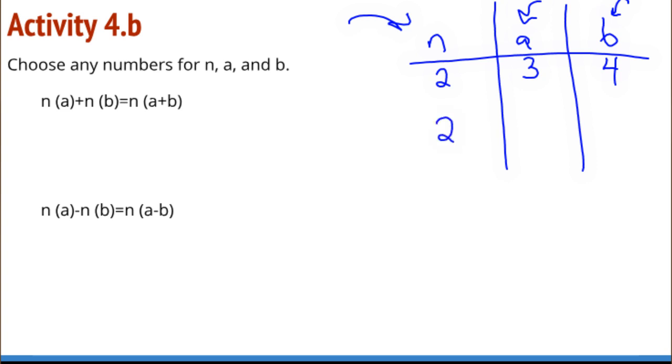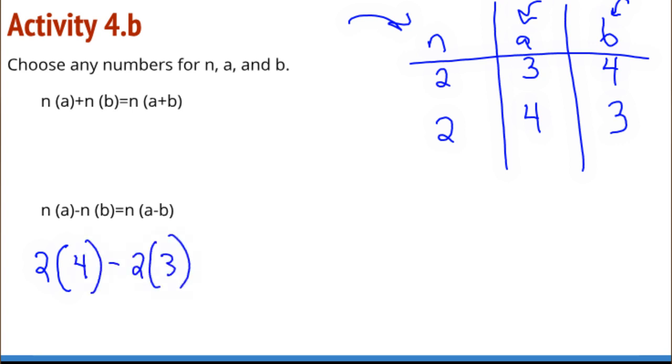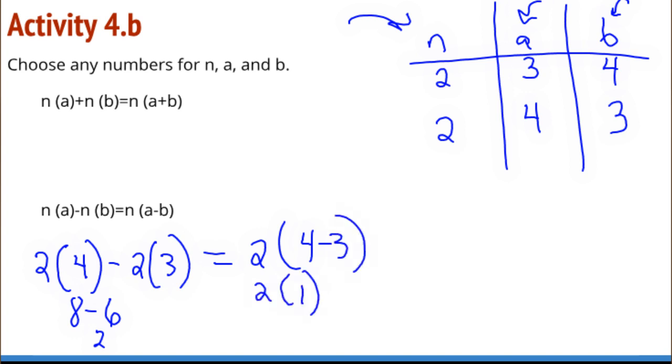So I'll leave n as 2, and I'm just going to flip-flop the a and the b. So 2 times 4 minus 2 times 3, 8 minus 6, which is 2. And I've got 2 times 4 minus 3. 4 minus 3 is 1. 2 times 1, which is 2. And I got the same value each time. So just a little bit of playing with the general form here.